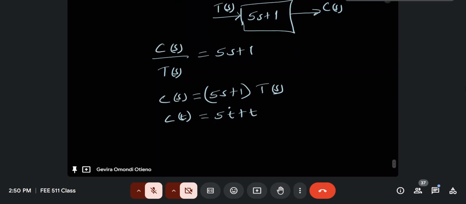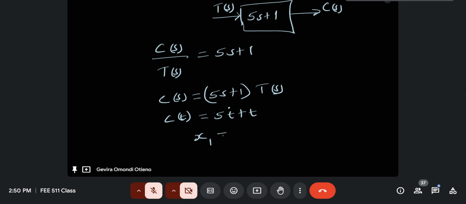Now, in this case, you look at your differential equation and ask yourself, is my equation first order, second order, or third order? Clearly, it's visible from the differential equation that this is first order. It's 5s plus 1, so the differential equation is 5 times the derivative of t plus t. So it's first order, meaning you only need the first state variable.